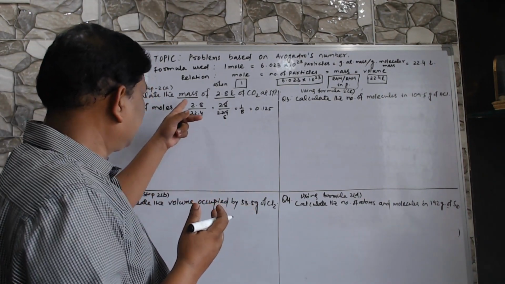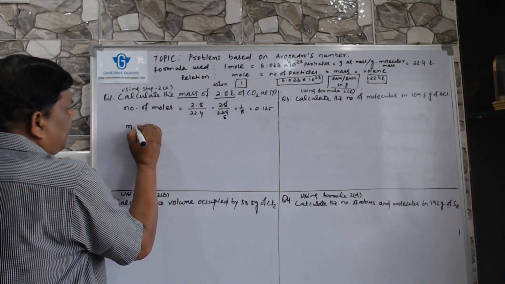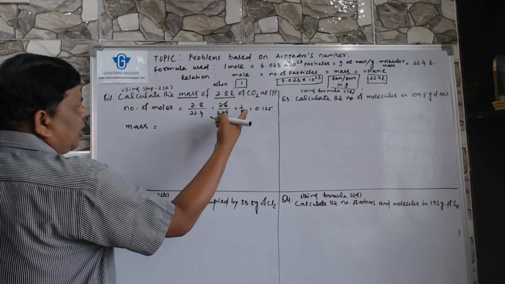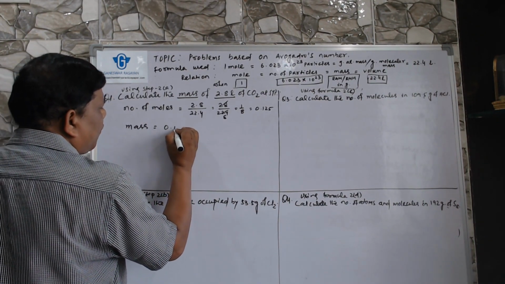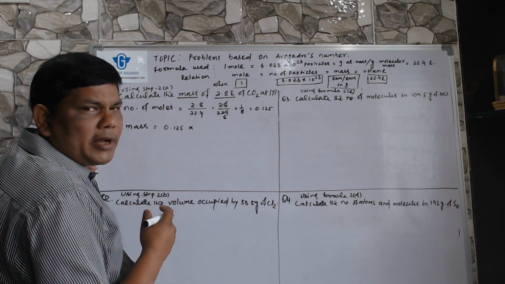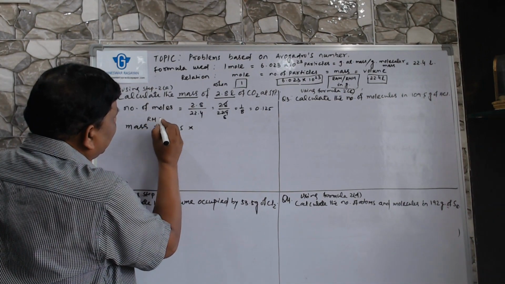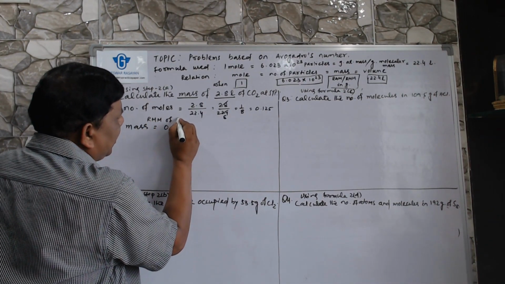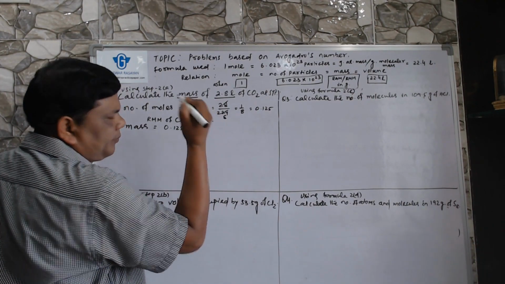Now step 2 is to calculate mass. So mass is equal to the number of moles calculated, that is 0.125, into the RMM of carbon dioxide taken in gram. So the RMM of carbon dioxide, if you calculate, will be 44 gram.